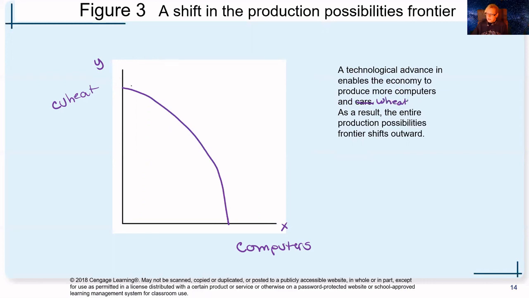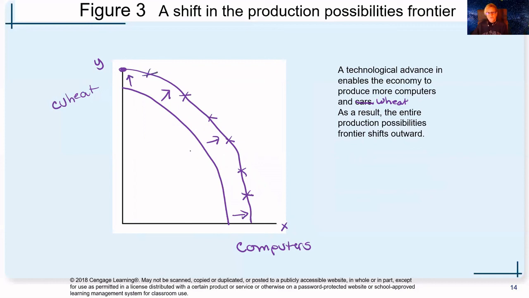What happens here is the production possibilities frontier will actually shift outward on both axes, and we will end up with something that looks like this. So now the attainable points, the points that are on the curve, would be out here, because this technological advance has allowed us to produce more of both goods.